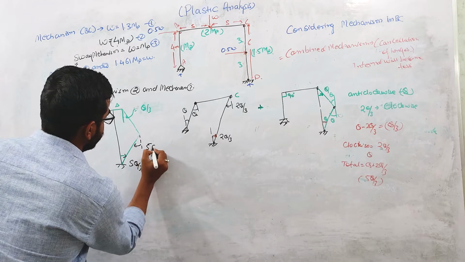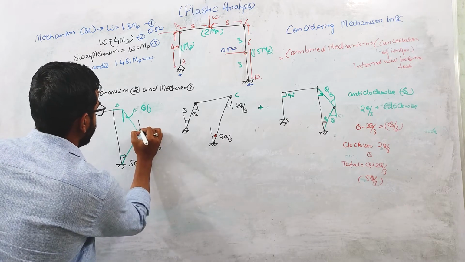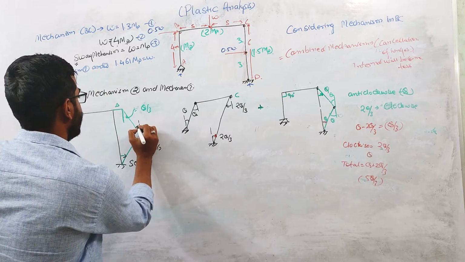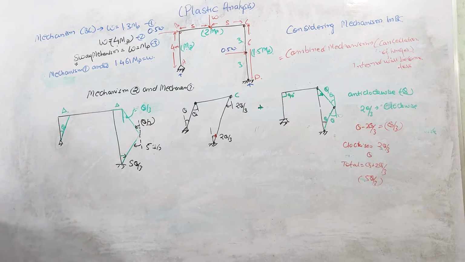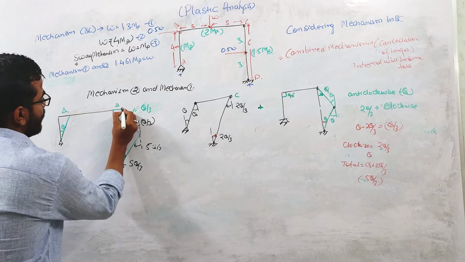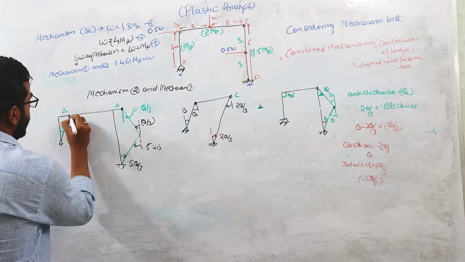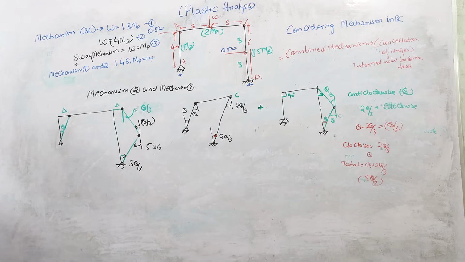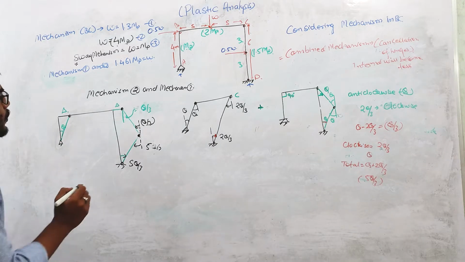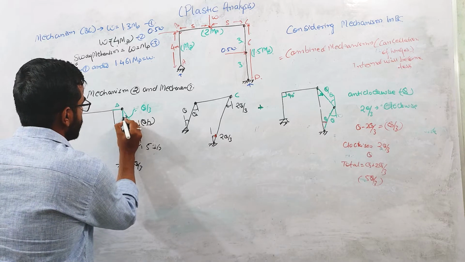This angle will be 5 theta by 3, this angle will be theta by 3, right? So plastic hinges are forming at this point, this point, this point, and this point. Okay, there should be no doubt in this. You need to carefully check the rotation direction.